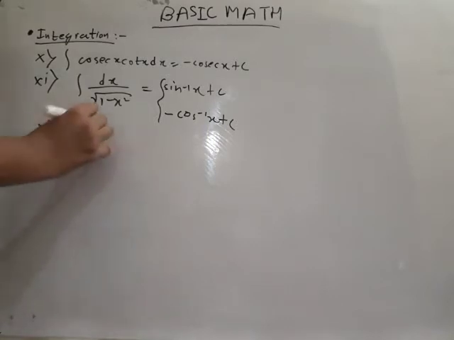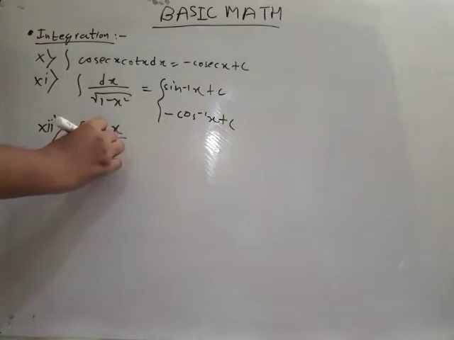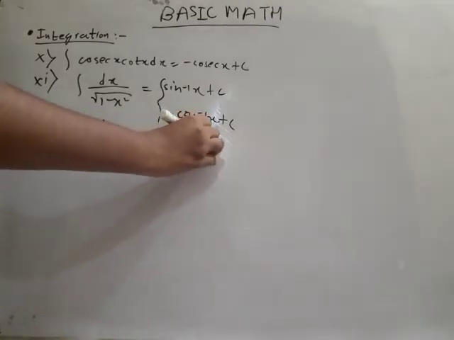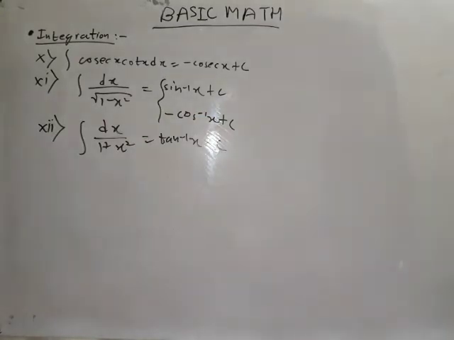Now integral dx by 1 plus x square. This is tan inverse x plus c. Now certain things we have not done in differentiation. Just remember this until you get a good concept of calculus.